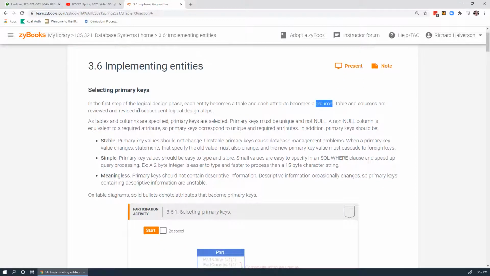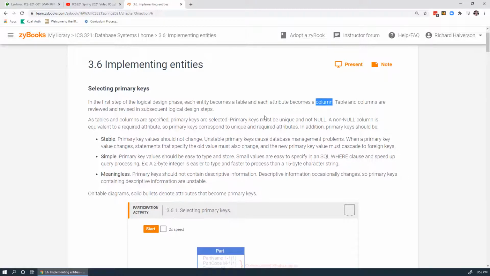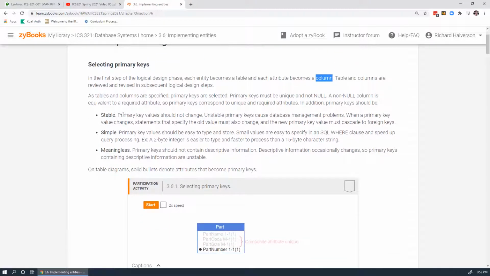Tables and columns are reviewed and revised in subsequent logical design steps. And so tables and columns are specified, primary keys are selected. As you know, primary keys need to be unique, not null. So primary keys correspond to unique and required attributes, always.